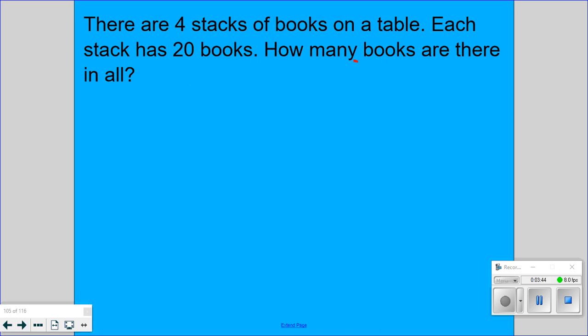How many books? Answer sentence. Write one. Bryson already told us our unit. Blank books should be in our sentence.